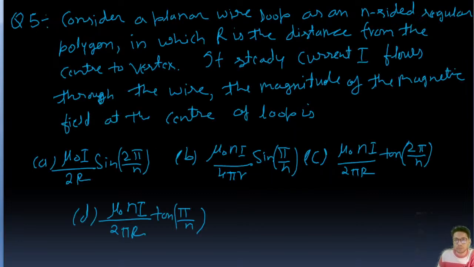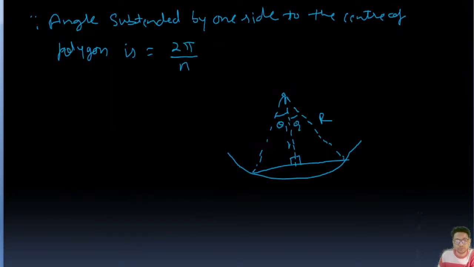Now we'll find it for segment 1. B1 is going to be the magnitude of magnetic field at the center by one segment.